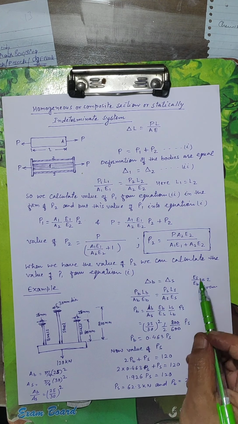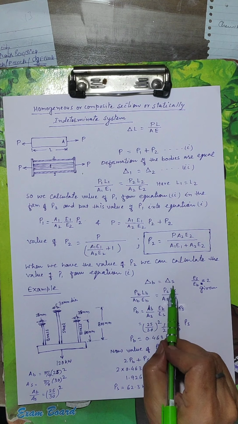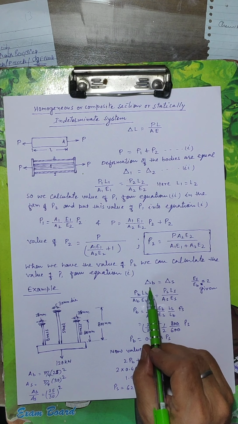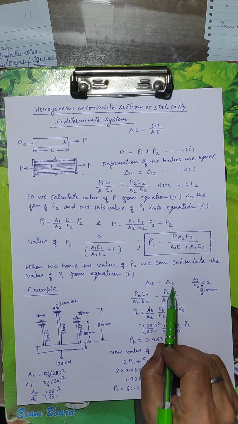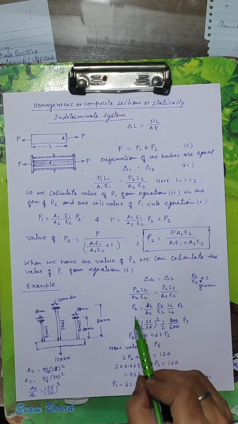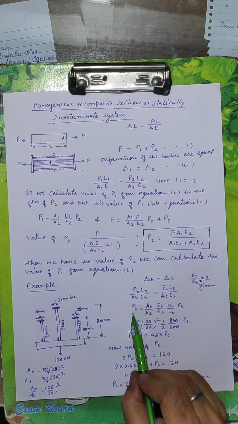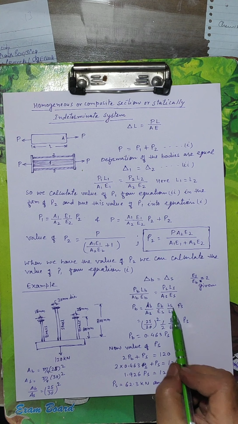How can we do it? We have done it already. So delta B is equal to delta S. Delta B means elongation of brass is equal to elongation of steel. We get the final value of PB. This is equal to AS upon AB, EB upon ES, LS upon LB, times PS.